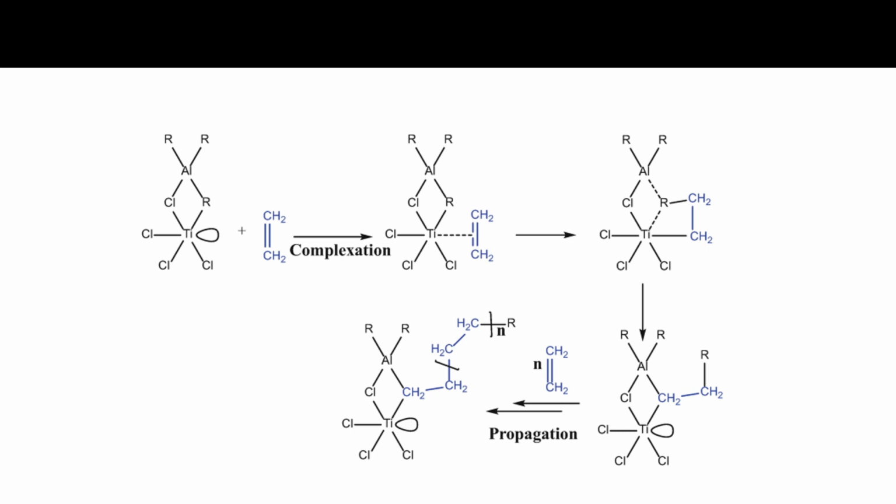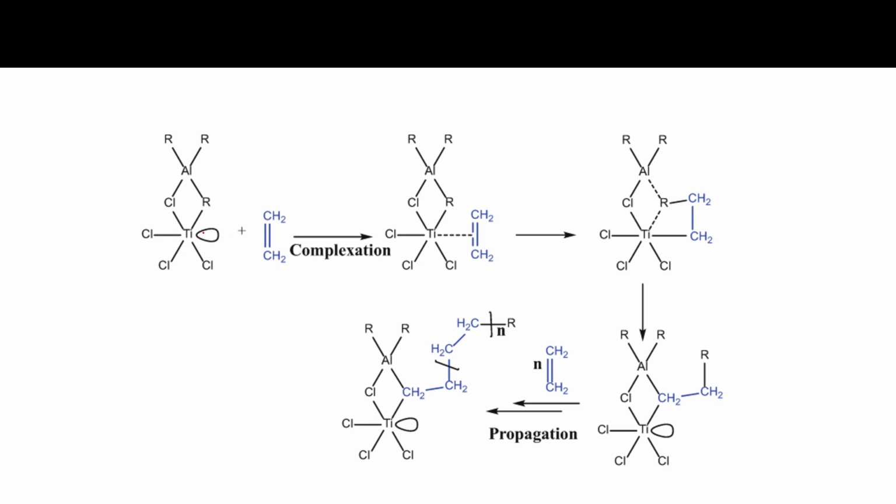So what does the reaction kinetics look like for the Ziegler-Natta catalyst? First, the metal complex forms between the titanium and aluminum, and there is a vacant site; this is the pi acceptor.